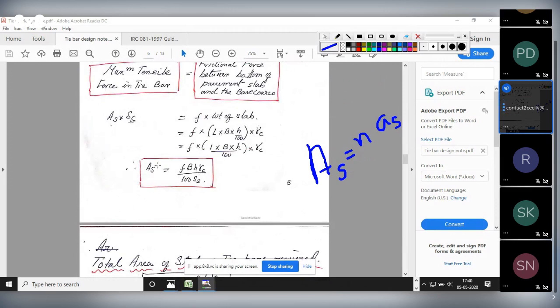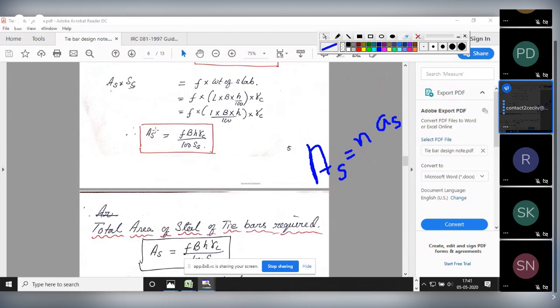Now using this AS, as I know that capital AS is equal to N into small as. So if we know the diameter, if we know the capital S, can we know the small n value? That is a number. So N will be equal to what?